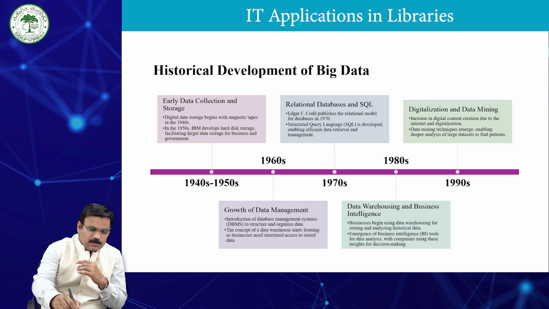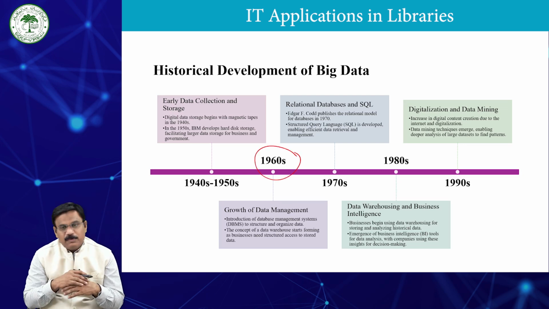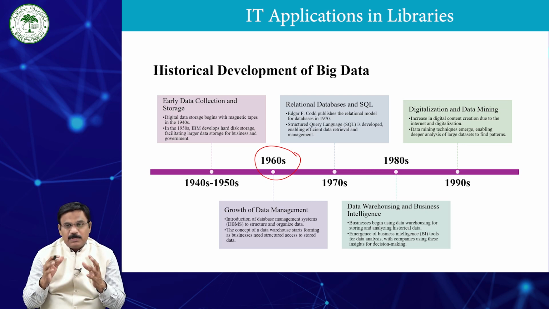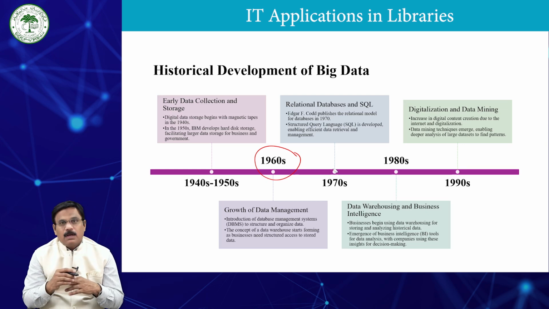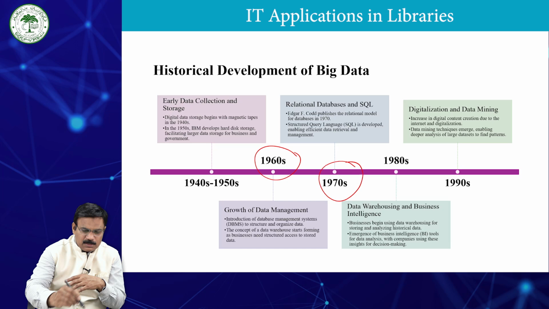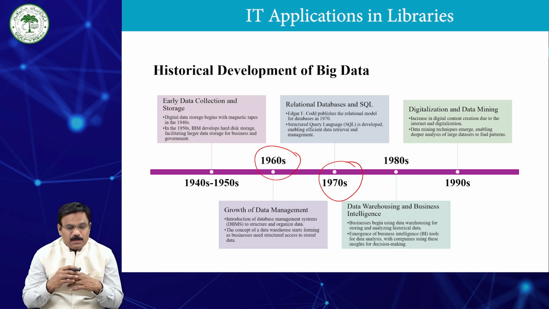In the 1960s, we had the growth of data management because of the introduction of database management systems, DBMS, to structure and organize the data. In the 1970s, we witnessed the introduction of the relational database and the Structured Query Language.